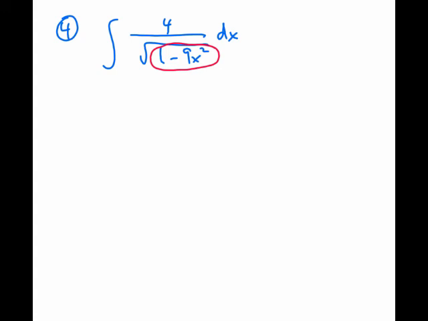Well, some of you might be thinking, well, it kind of looks like one of these inverse trig derivatives, which is inverse sine u plus c. Okay, except that the u is a more complicated thing.